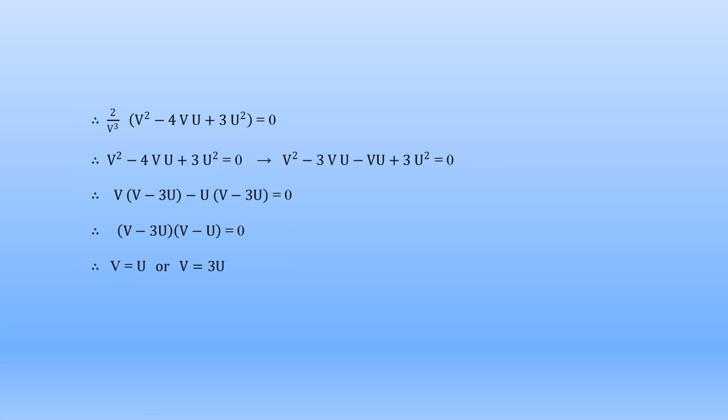But out of those two conditions, we can consider only one condition, either v is equal to u or v is equal to 3u, for the maximum efficiency of the water jet.